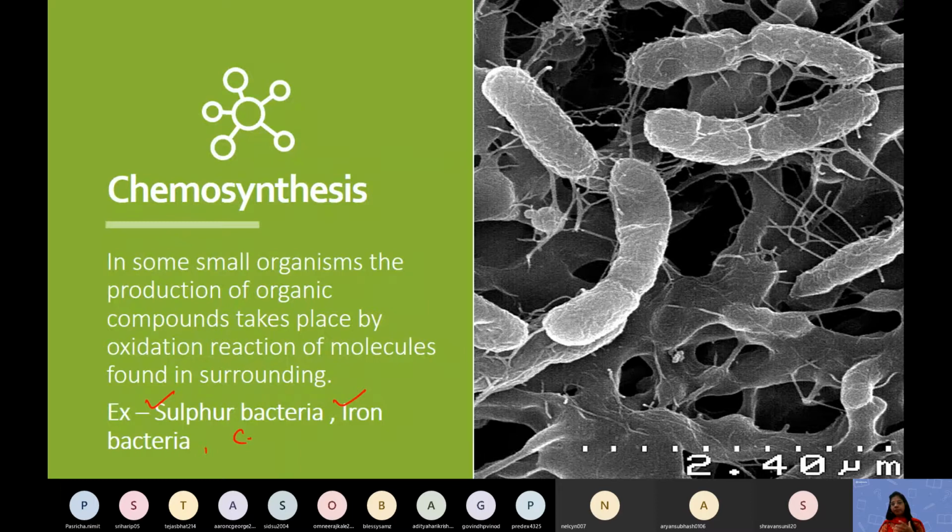These are examples of chemosynthesis. Sulfur bacteria and iron bacteria are found in very harsh conditions, like near volcanoes and hot springs. Their life is very difficult, but they have adapted to do chemosynthesis, and in this way these bacteria perform chemical reactions and generate their food.